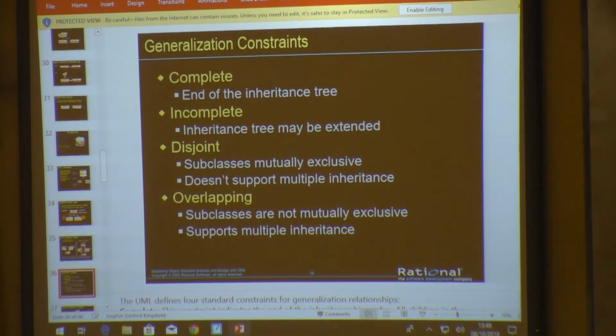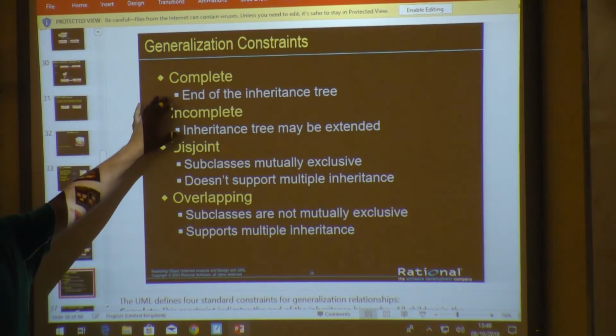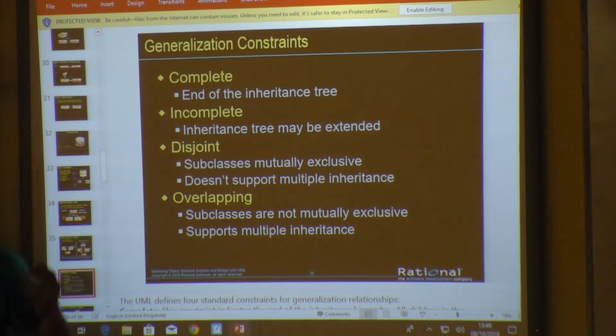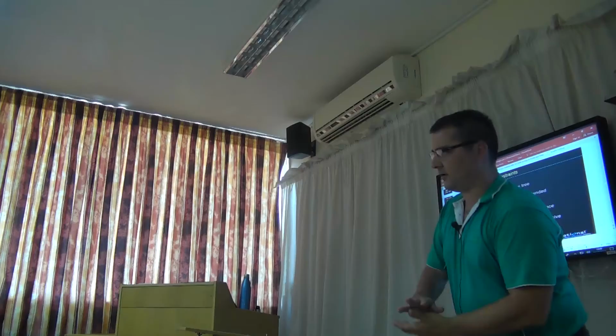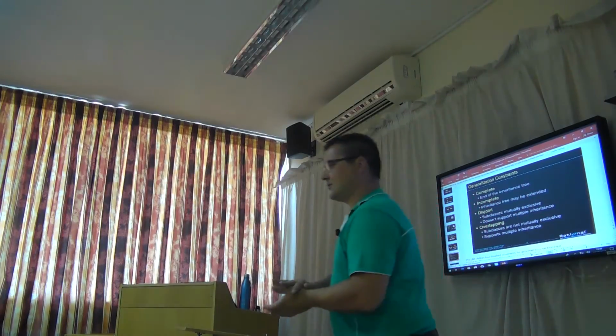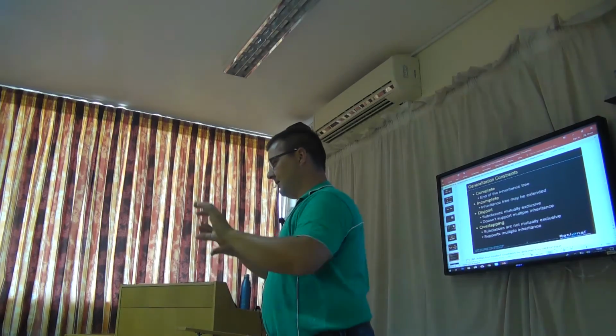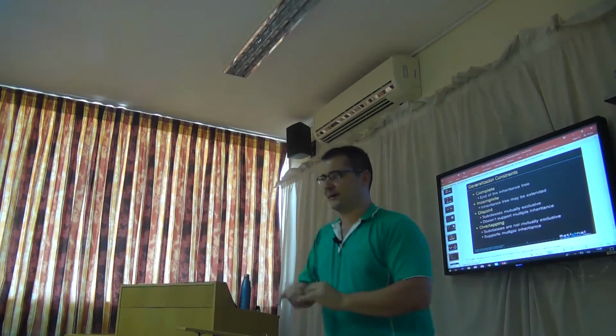So there are some rule guidelines to this: is it the end of the inheritance tree? Are there more children after these actual children?